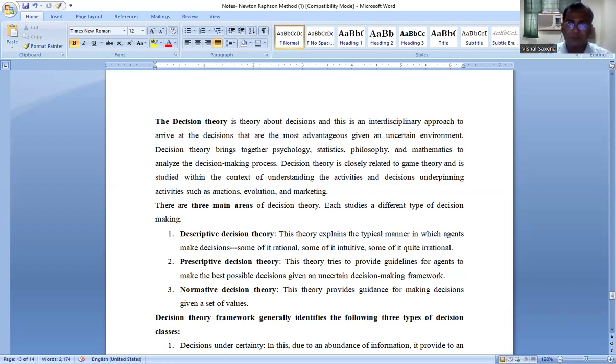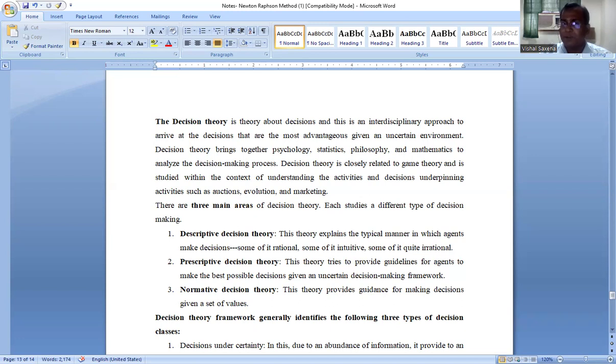Operation research ultimately gives us the optimum solutions to our problems, meaning the best possible solution, giving maximization in terms of profit and minimization of time, cost, etc.